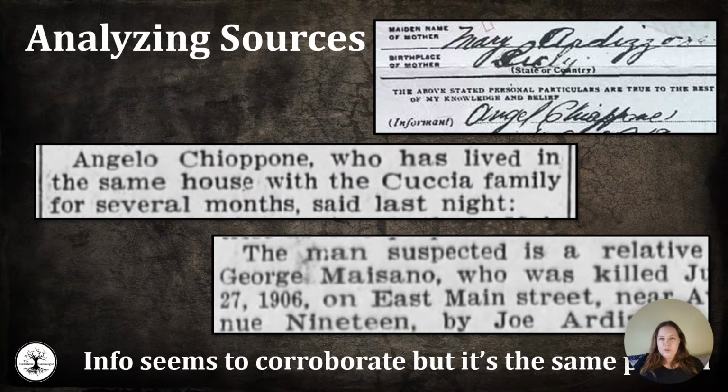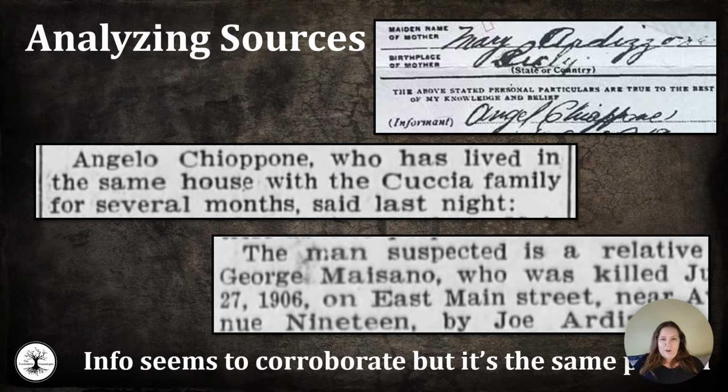So I started looking into him some more. He was listed in newspaper accounts as being a boarder with the family. So just because he's living in the household, does he really know the head of household's mother's maiden name? The suspect in the murder is a relative of George Maisano, who was killed by Joe Artisoni.